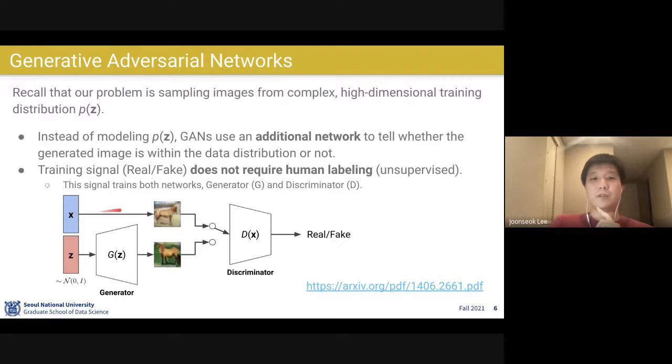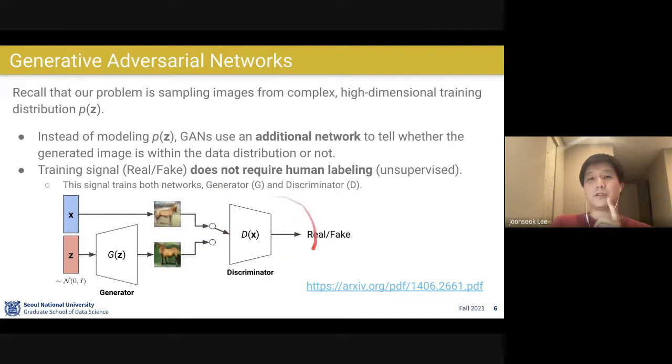We sometimes give these real images to the discriminator, and sometimes we generate, using this generator, from some normal distribution, some embedding, an image and give it to the discriminator. The discriminator doesn't know which one it is coming from, and it tries to discriminate whether it's from the real image or from the fake image.